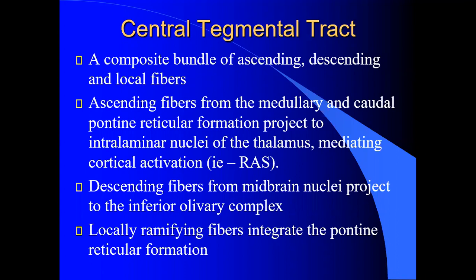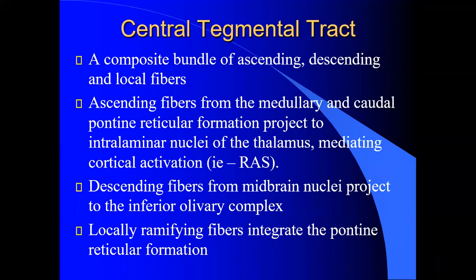They were getting the attention. They were activating the cerebellum. So now we have an ascending pathway for the reticular activating system to the intralaminar nuclei of the thalamus to activate the cerebral cortex, and a descending pathway which is calling the attention of the cerebellum. Although they're very different pathways in some ways, from a functional point of view, they're actually quite similar to one another. That's the central tegmental tract.